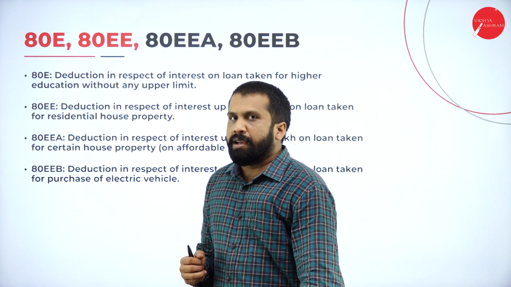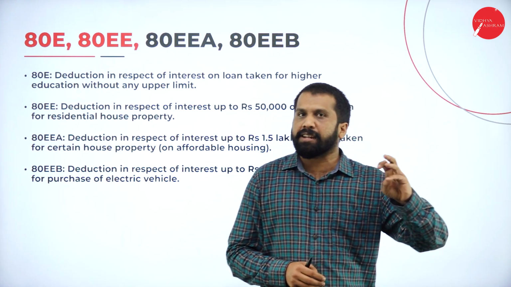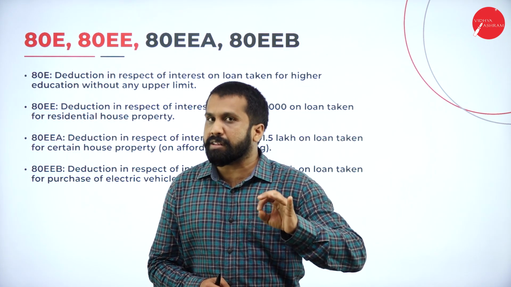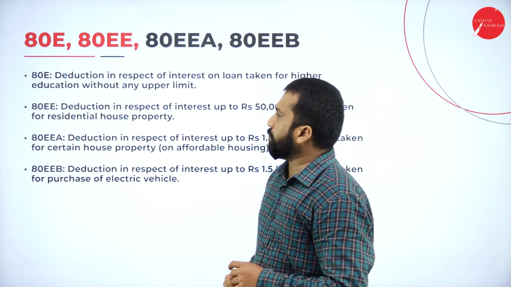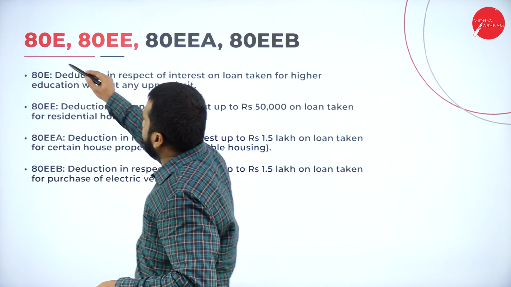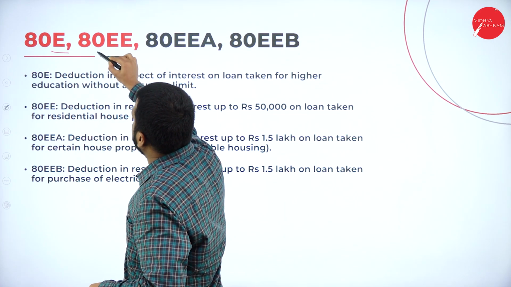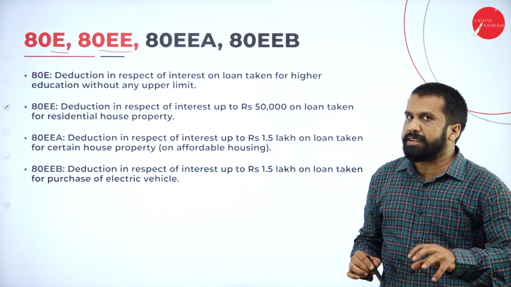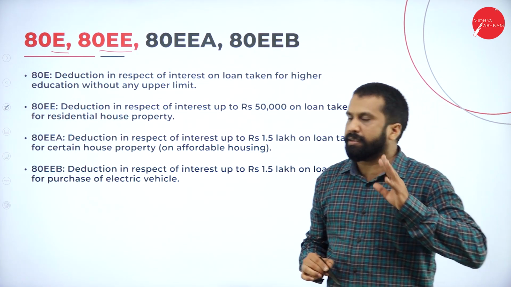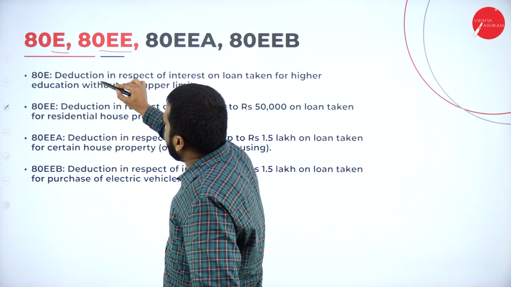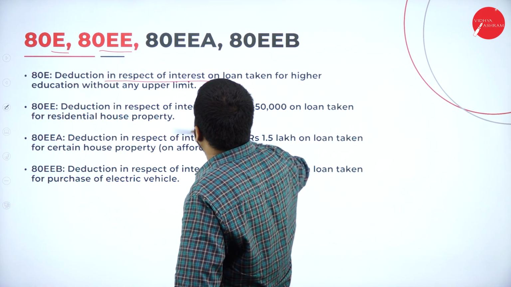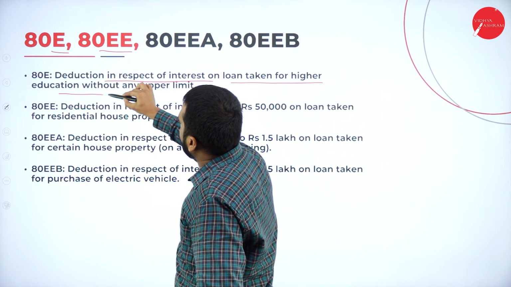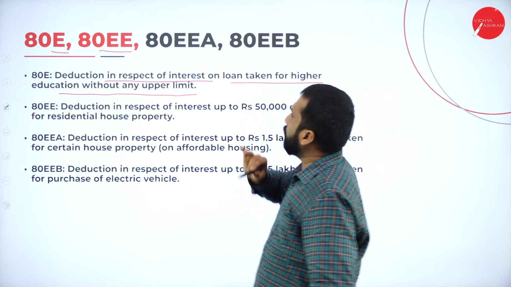In the previous session, we finished 80C, 80D, 80DD. Now, in today's session, we'll go with 80E and 80EE. What do you mean by 80E and 80EE? 80E is deduction in respect of interest on loan taken for higher education, without any upper limit.